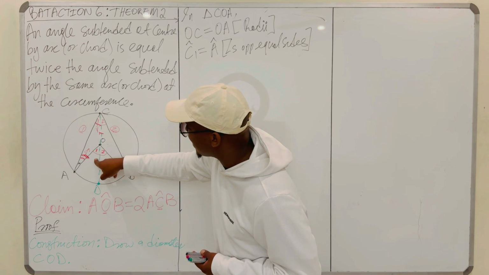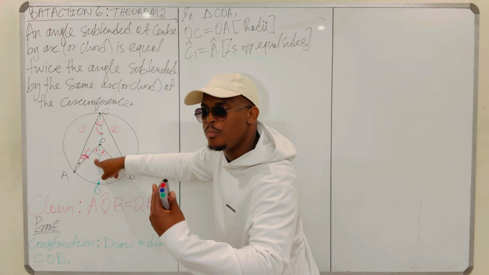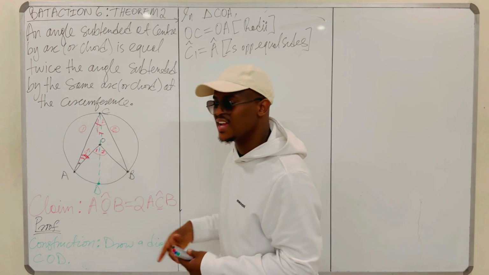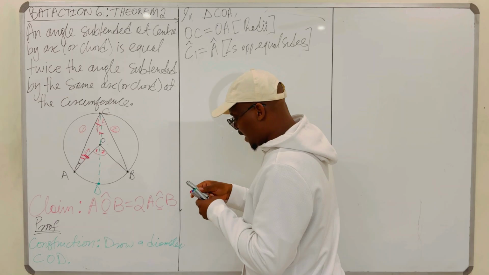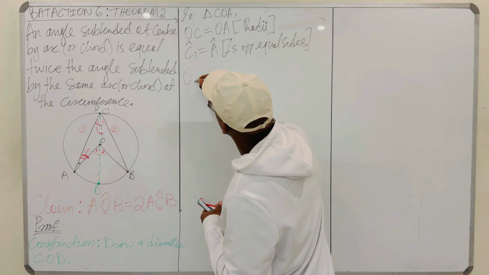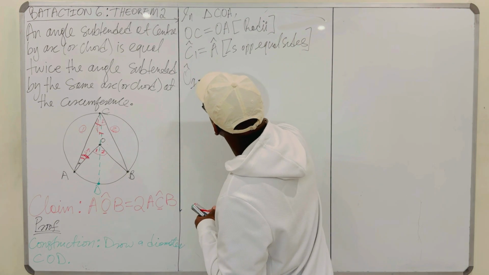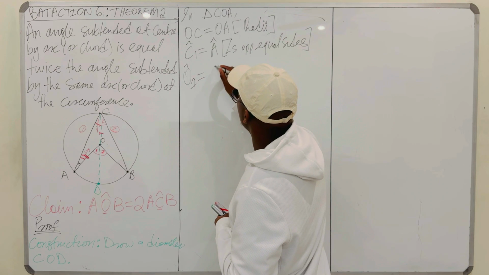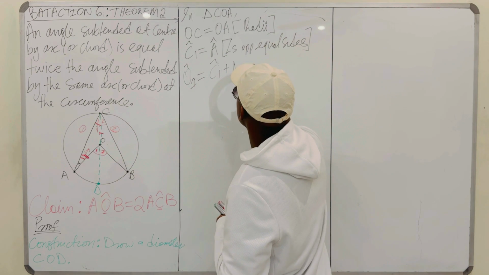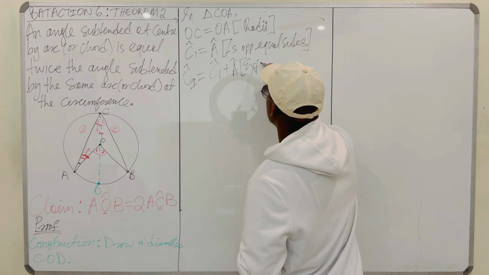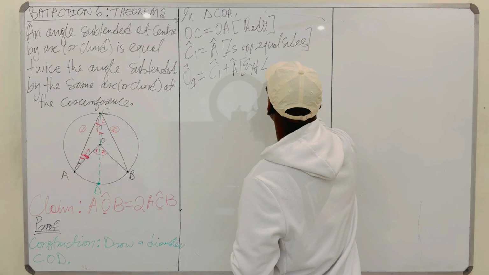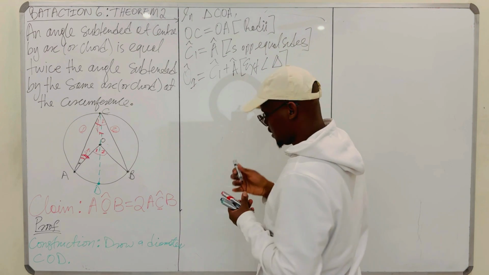If I add the other interior opposite angles, they should give me O1. So I can say my O1 is equal to what? C1 plus angle A. What is the reason? O1 is an exterior angle of a triangle.